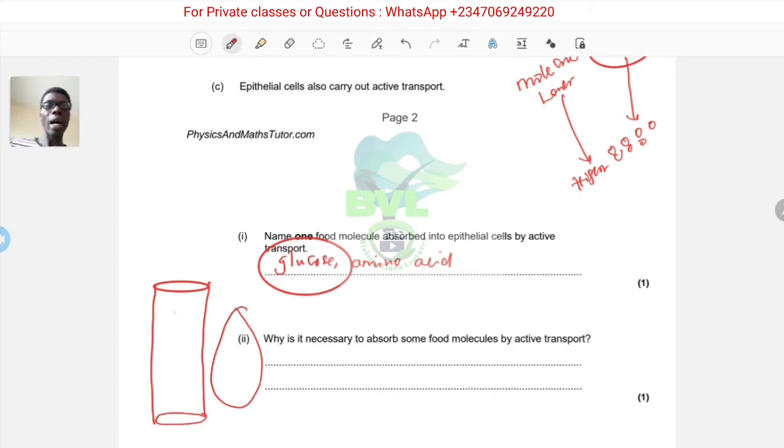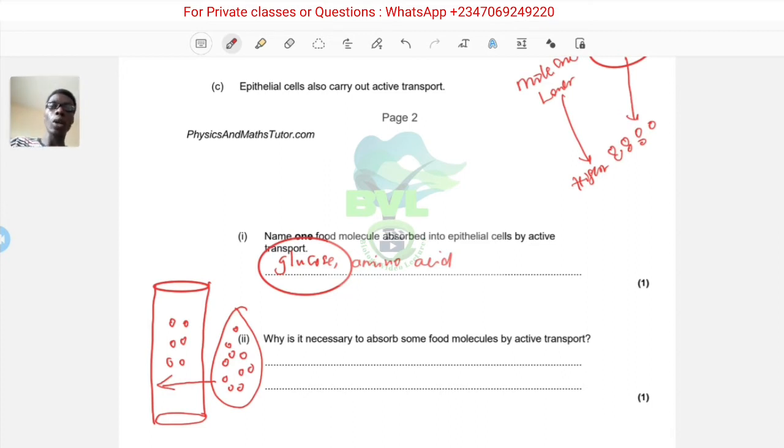You have 6 molecules of glucose in the blood, for example, and you have 10 in the cell. According to diffusion, substances will normally move from the cell like this. But we don't want that because we need glucose in the cell.